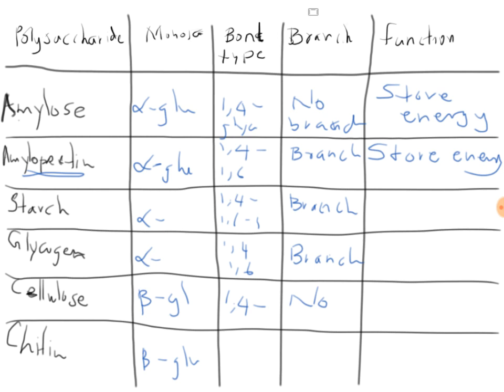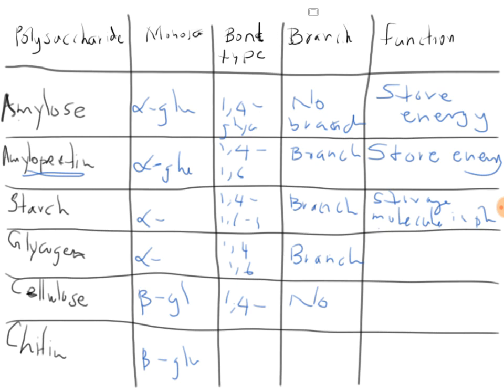Now starch is very important. When they ask you about the function of starch, you should say it is a storage molecule in plants. I don't have enough space to write it here.